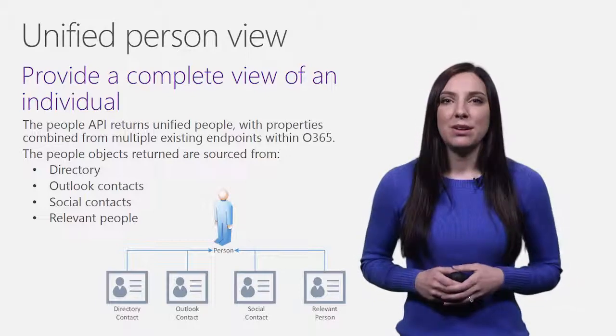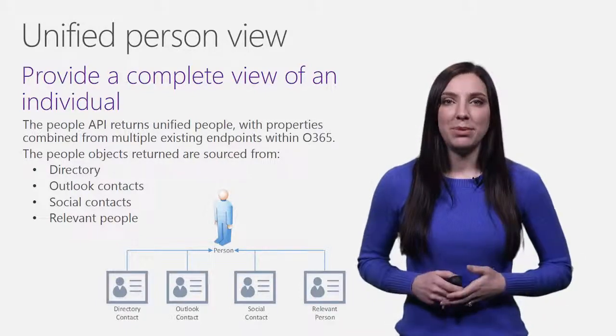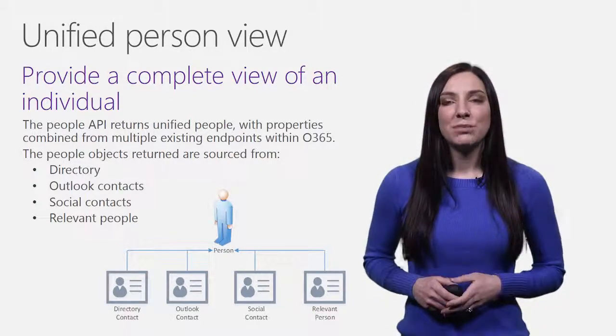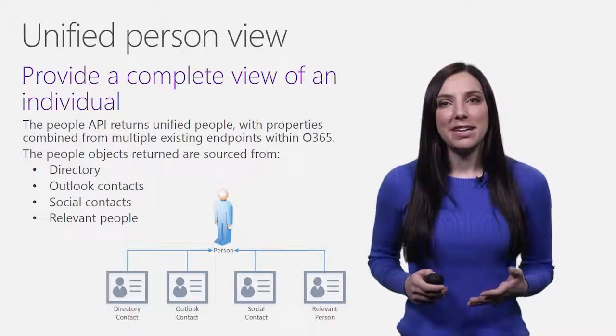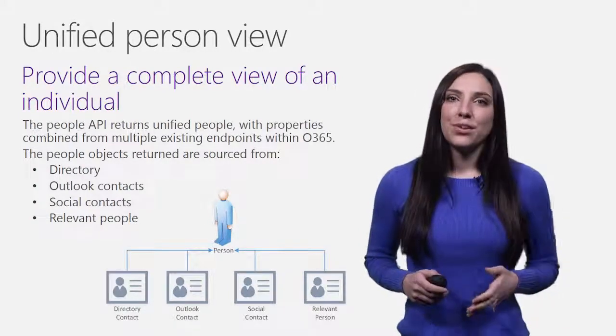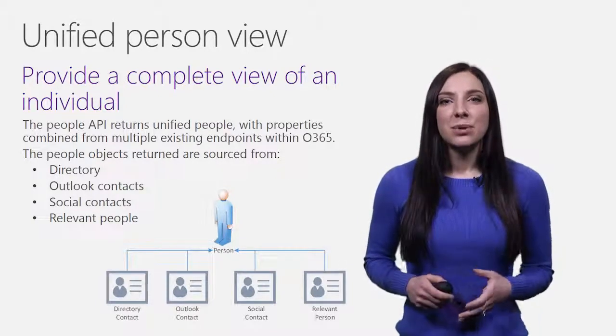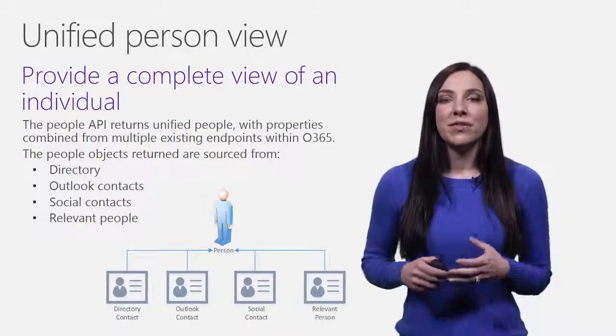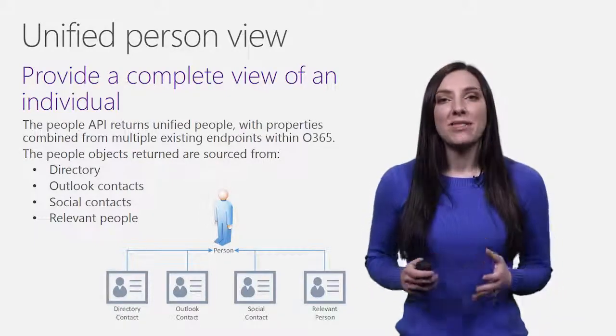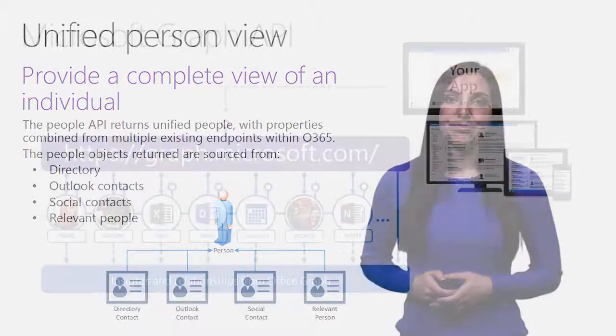This creates complexity when trying to enumerate and interact with these people entities, since they are sourced from multiple service endpoints and have varying metadata properties. In order to return the most complete view of a person and also avoid duplicate results, the person returned from the People API provides a single unified view comprised of everything the user knows about them.